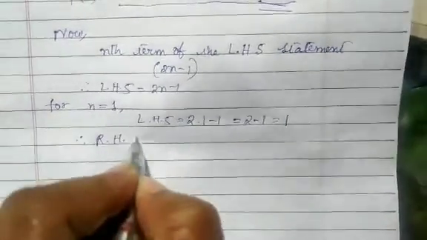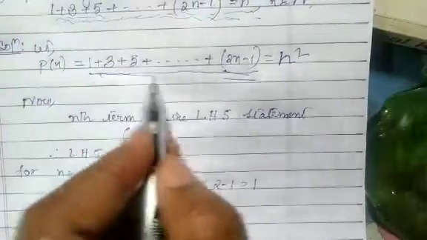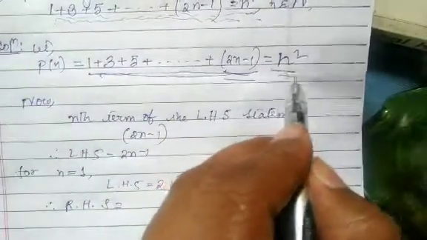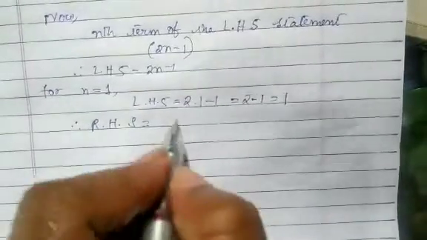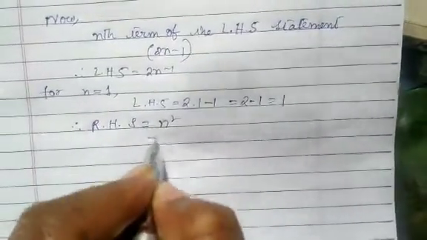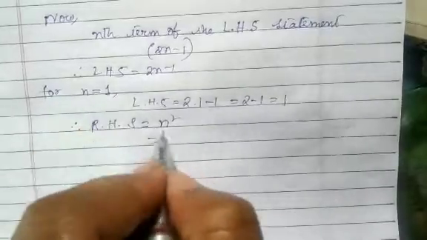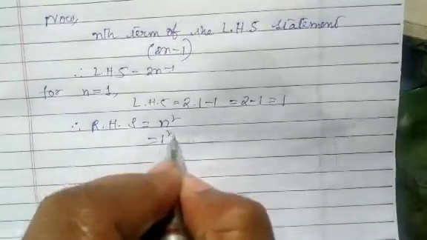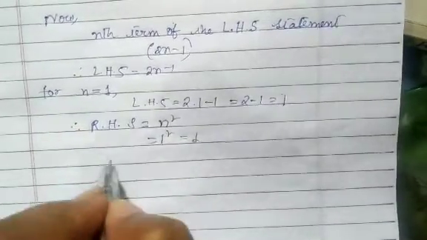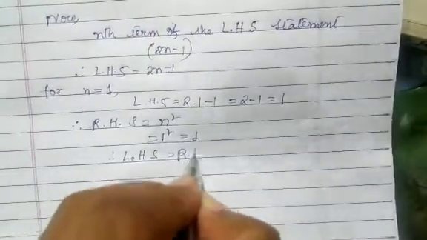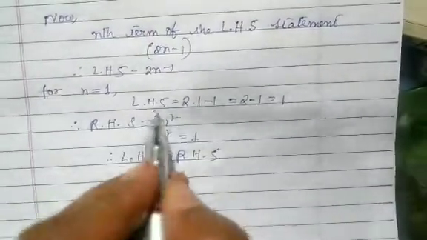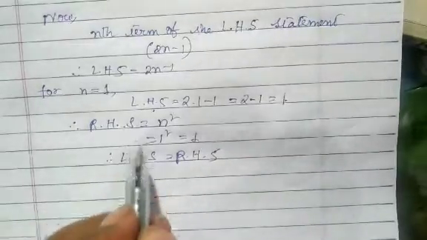Therefore the right hand side: this is the left hand side and this one is the right hand side, and the right hand side value is n square. So the right hand side is equal to n square. We have taken n equal to 1, so put n equal to 1: 1 square. Then we can say the left hand side is equal to the right hand side.